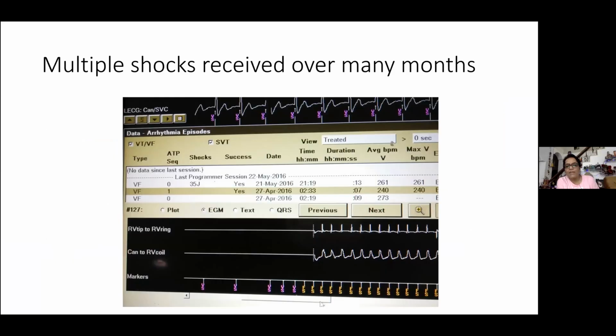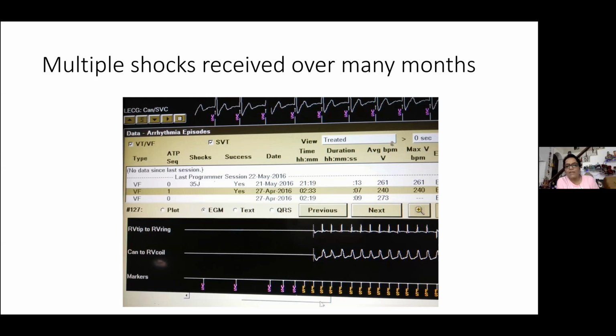This patient had received an ICD because of documented VF on a Holter. She had lots of polymorphic VTs. Because of that, it was thought that she might have long QT, because structurally her heart was normal and she did not have any CAD. Everything was normal, so this patient was kept on all kinds of medication.